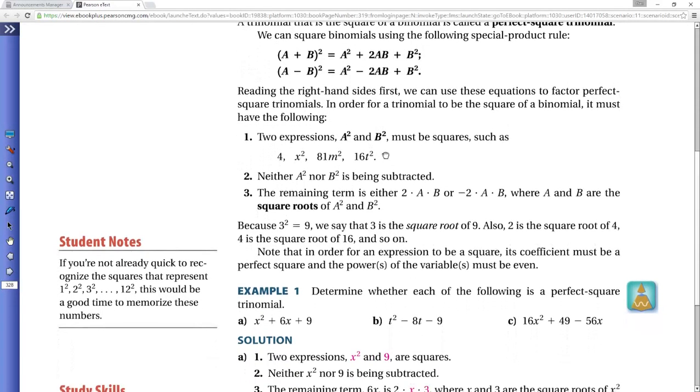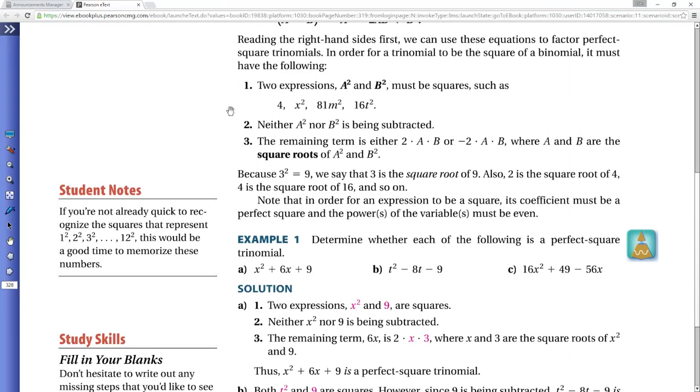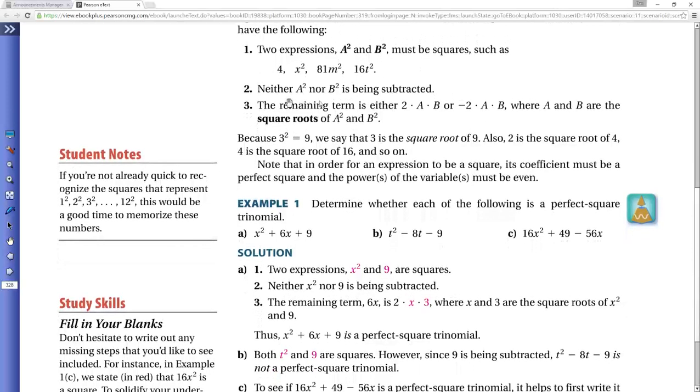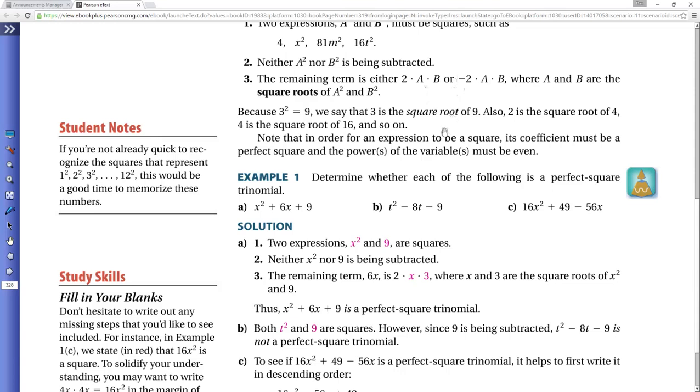And when I do have something squared as the first term in my trinomial and the last term is something squared, then I check to make sure I don't have those subtracted, which I think you've already checked. And then the middle term needs to fit this condition: if I take the terms that I'd have to get the square root of, what times itself will give me this and what times itself will give me that, when I multiply those together and double them, do I get that middle term?